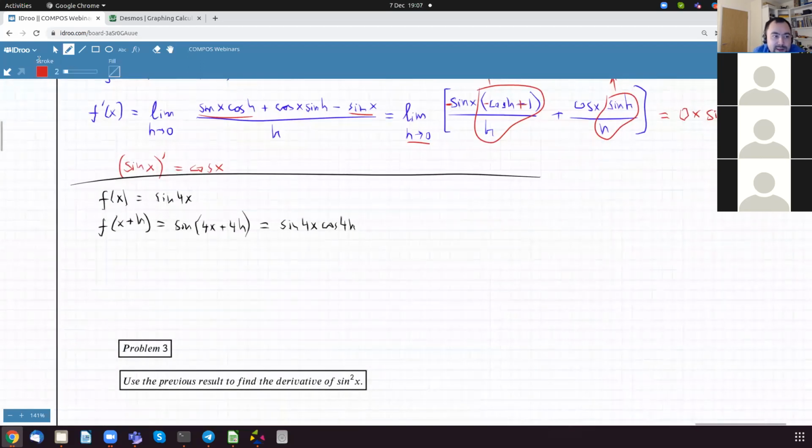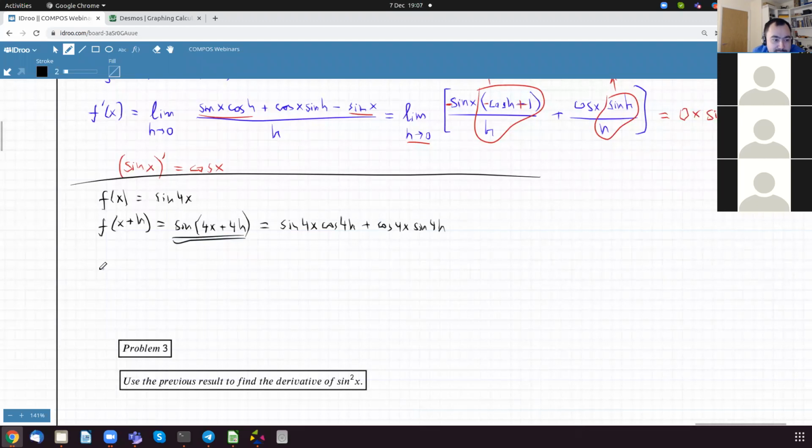So what we have here is plus cos 4x sine 4h. This is just using the property of sine.